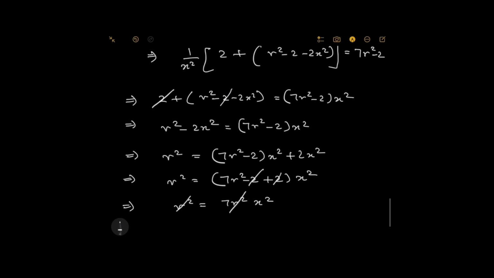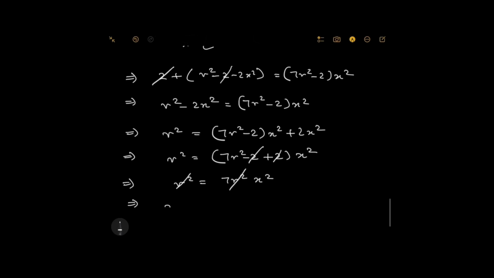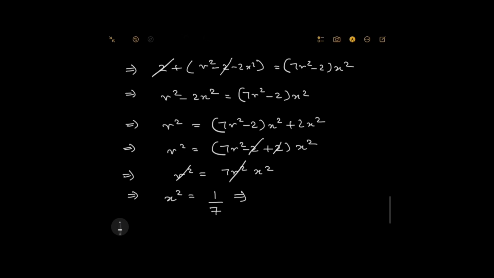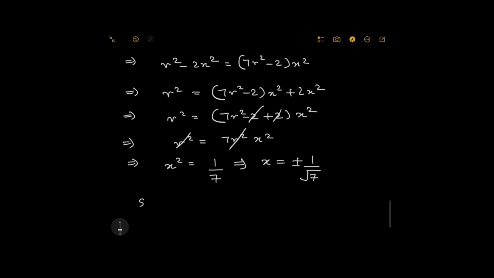Now r square can get cancelled from both sides, so x square is actually 1 by 7. So we have finally reached this. This implies that x will be plus minus 1 by square root of 7. So modulus of alpha is equal to plus minus 1 by square root of 7.